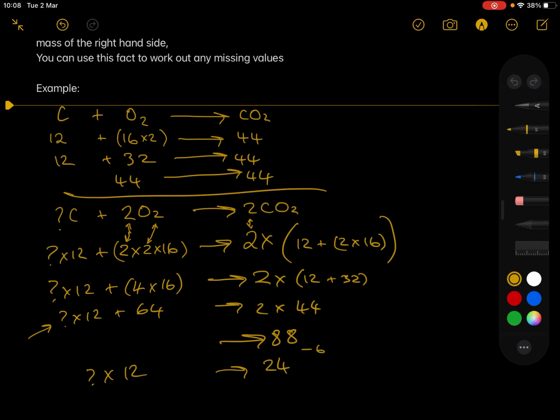Then how do I get rid of a times by 12? I do the opposite, I divide by 12. So question mark is 24 divided by 12, which gives me 2. So I could replace that question mark with 2, and I've done that by working out the masses of both sides.